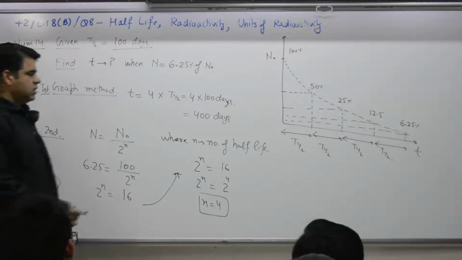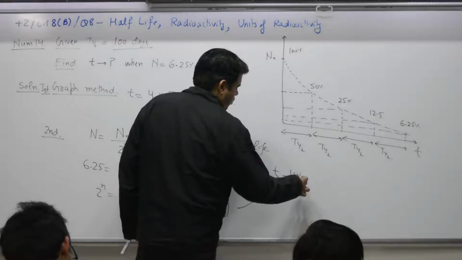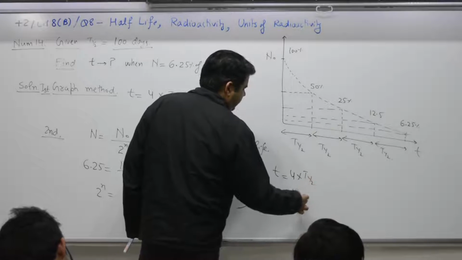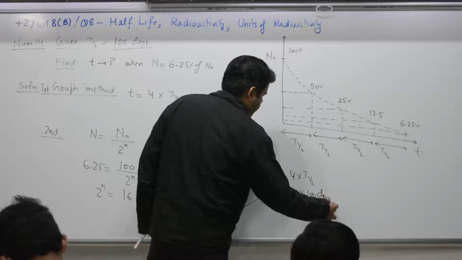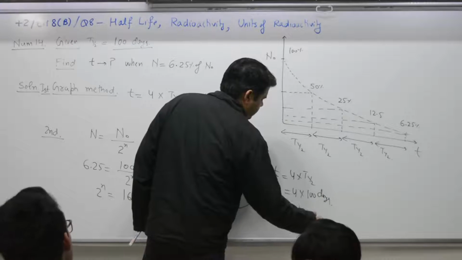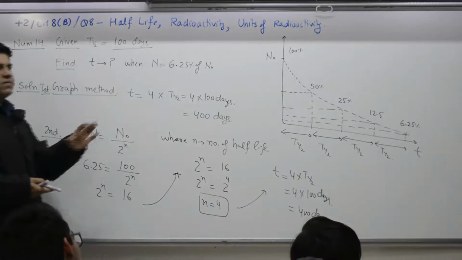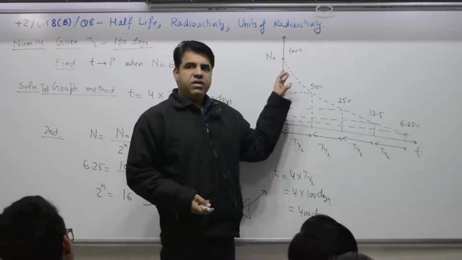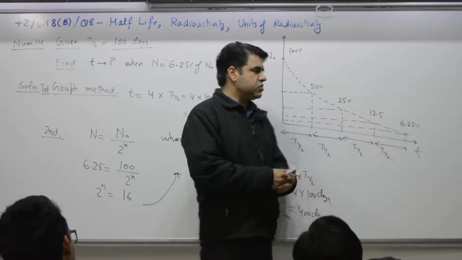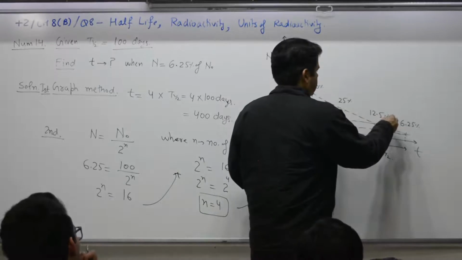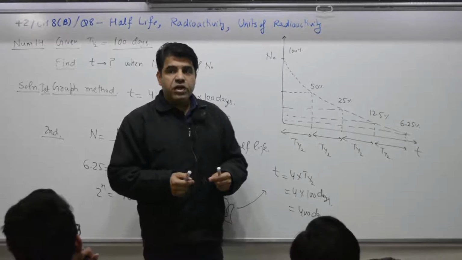Time is equal to 4 half-lives. One half-life is 100 days. It is 400 days. So for competition, this is very simple. In one half-life 50%, two half-lives 25, three 12.5%, four 6.25 and five 3.125.